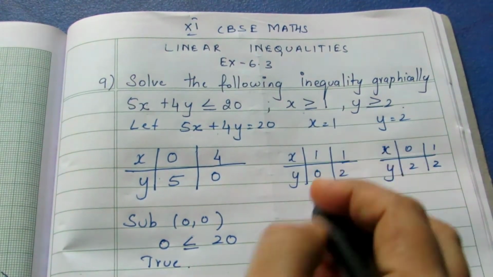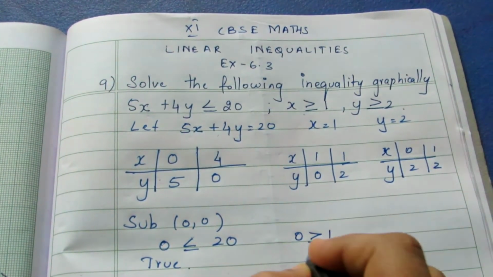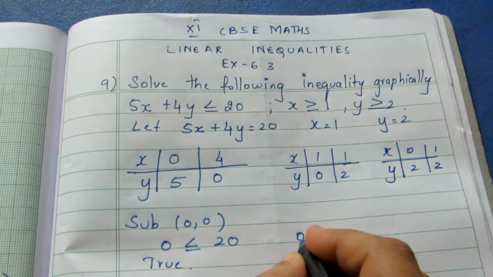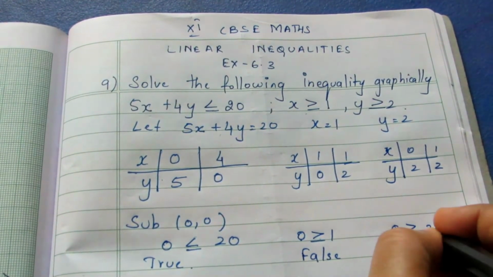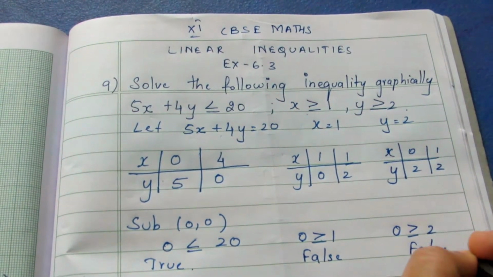Now for this, 0 is greater than or equal to 1 is false, because 0 is not greater than 1. Here 0 is greater than or equal to minus 2 is also true.